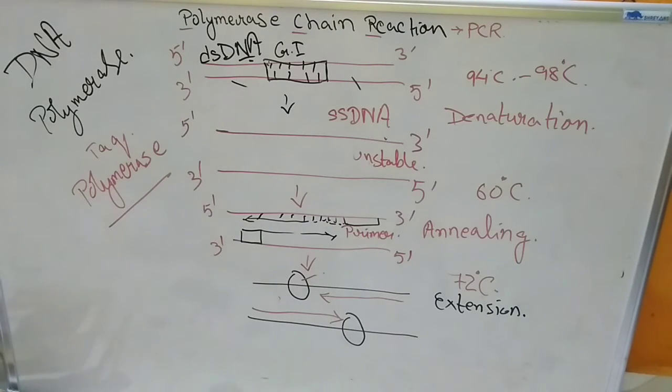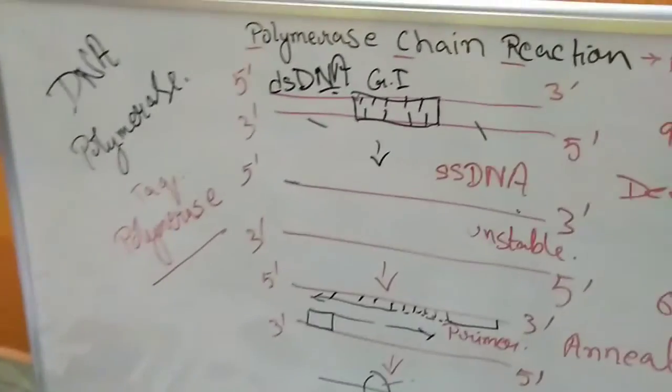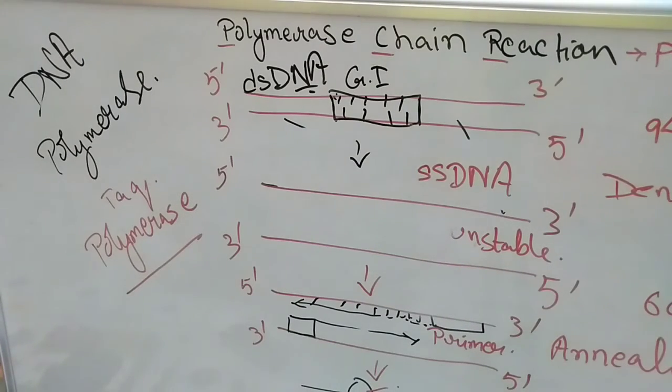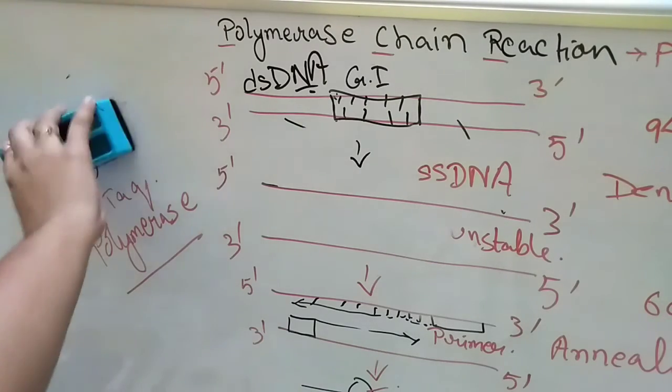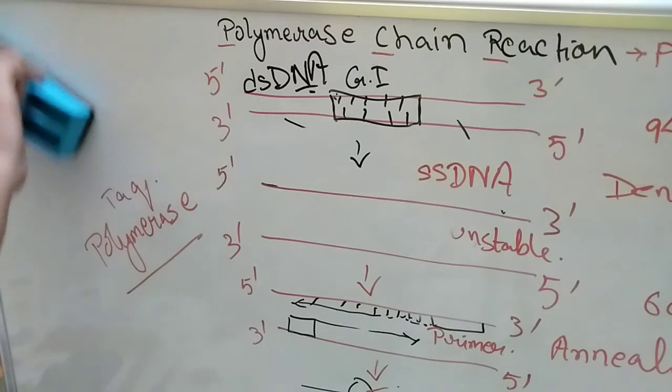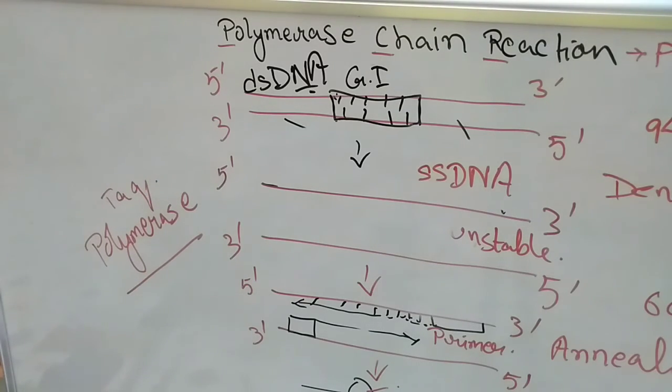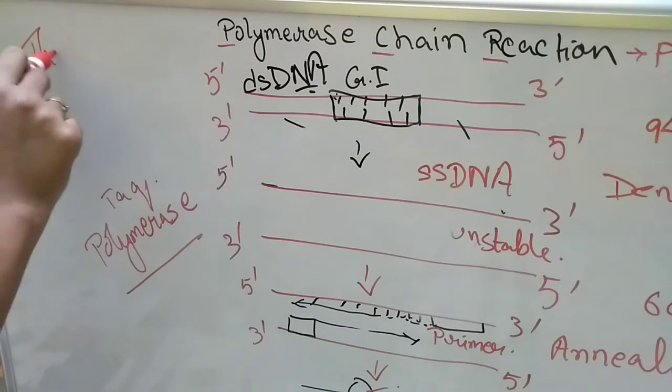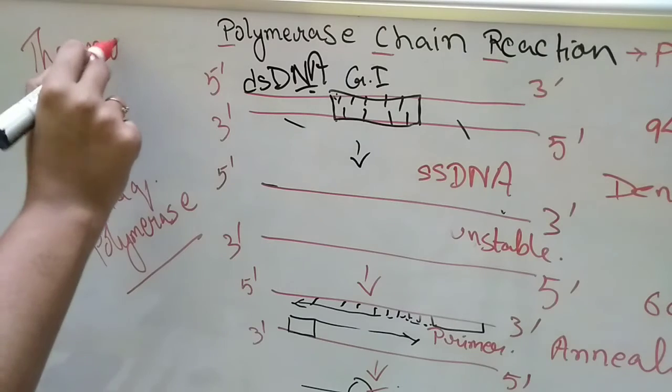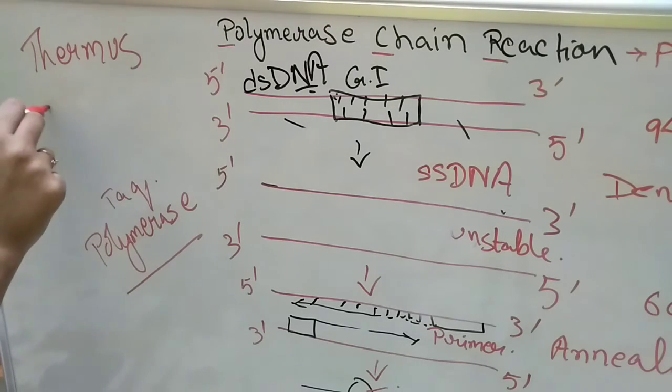Student, the Taq polymerase is a kind of DNA polymerase, but what is so special about it? The Taq polymerase has been extracted from some hot spring loving bacteria, that means bacteria which can survive in hot spring temperature. The name of this bacteria is Thermus aquaticus.